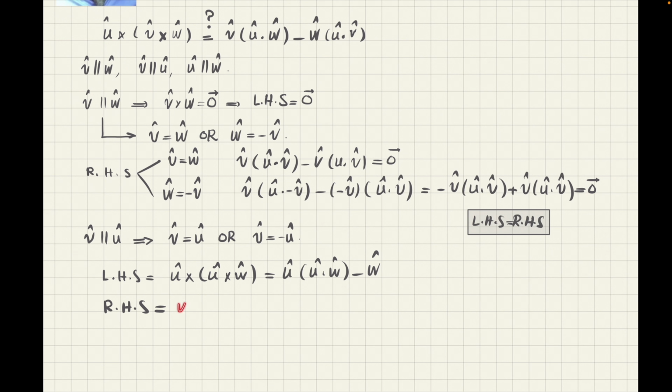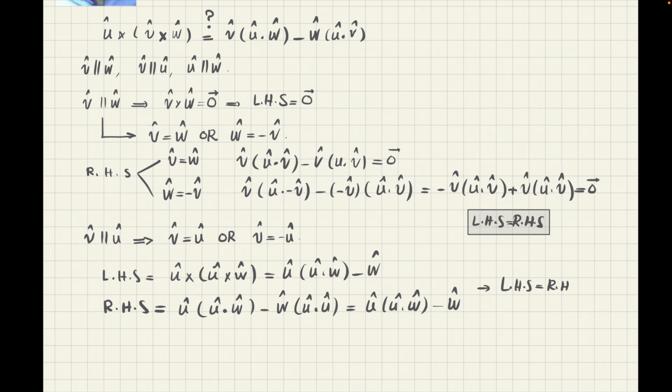So it becomes U, and then I will have U dot W, and then I will have minus W, U dot U. But U dot U is 1, so that becomes U dot W minus W. And you see that again, the left-hand side is equal to the right-hand side.